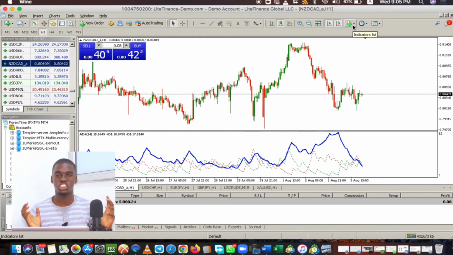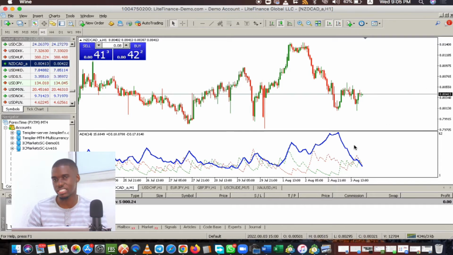Make sure you don't change any figures; I leave everything at default. What I have changed is a bit of the colors, so yours may not necessarily be the same colors as mine. This is an oscillator, and oscillators are usually below the market chart.